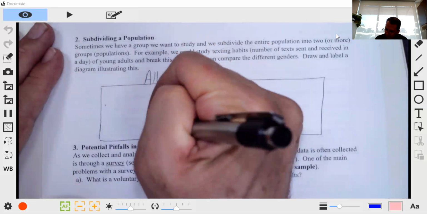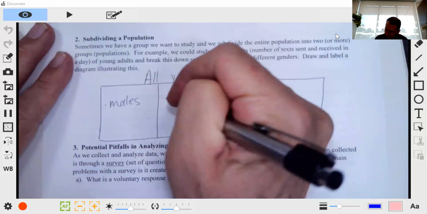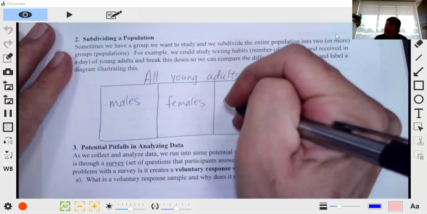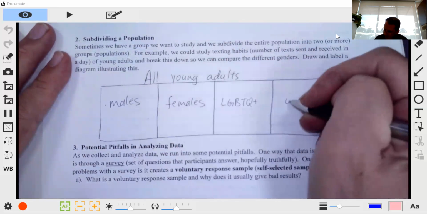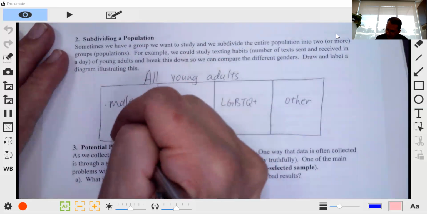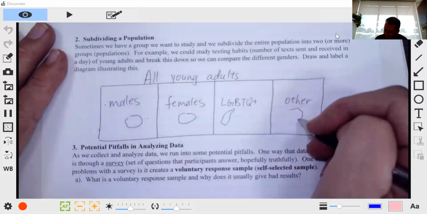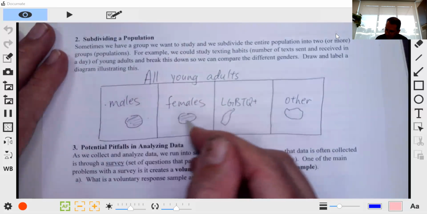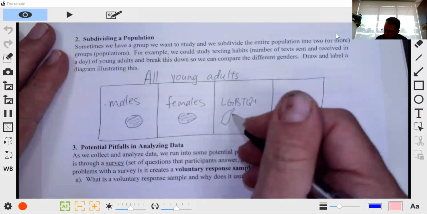So we might break this down by males, females, LGBTQ, and other. What we could do then is take a sample from each of the categories, and then using those sample data, pretend like this was a whole population, this was a whole population, this was a whole population, and this was the whole population.